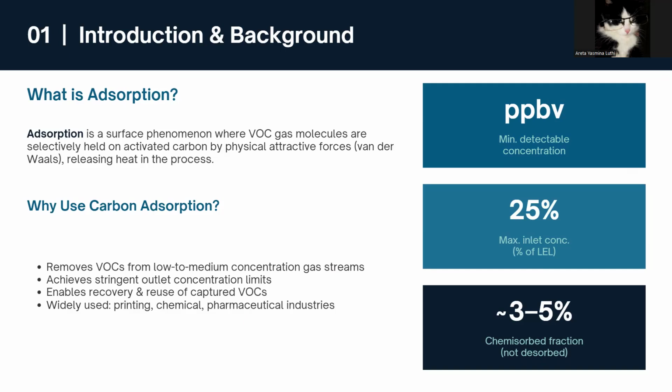Third, the captured VOCs can be recovered and reused or sold, which offsets operating cost. And fourth, it is widely applied in printing, chemical, and also pharmaceutical industries. One important safety constraint here is that the inlet VOC concentration must not exceed 25% of the lower explosive limit, or LEL, to prevent fire hazard inside the bed.